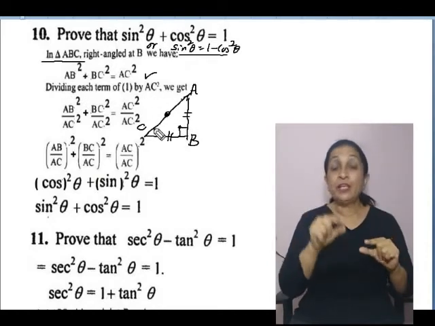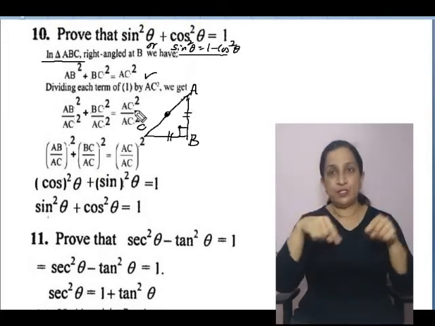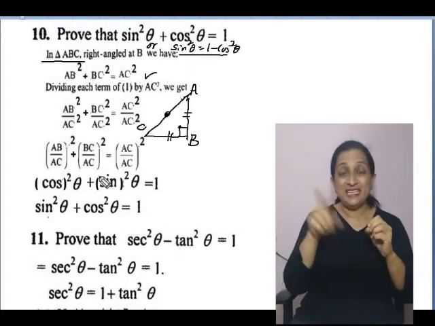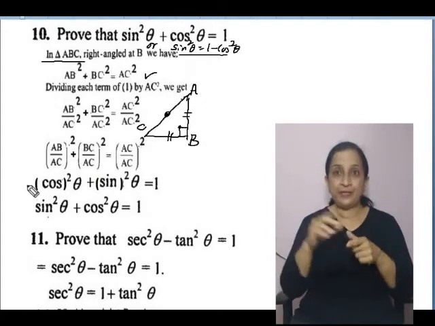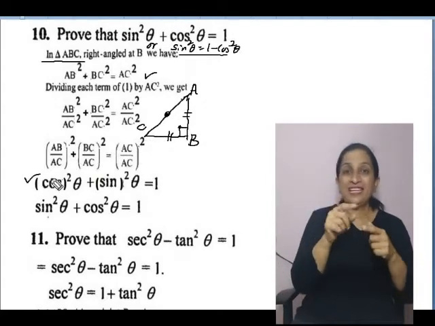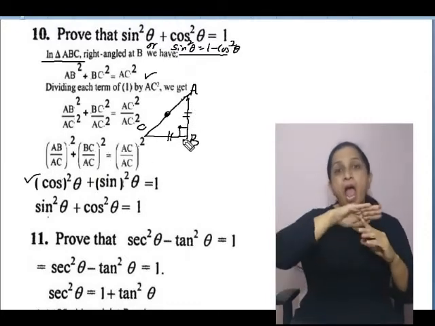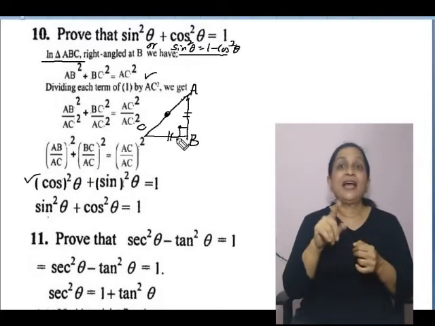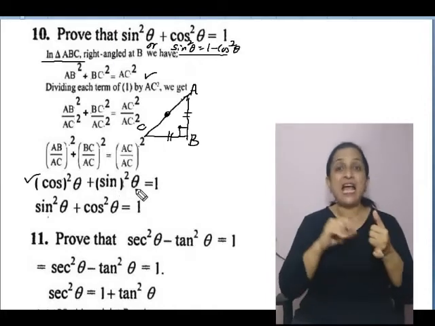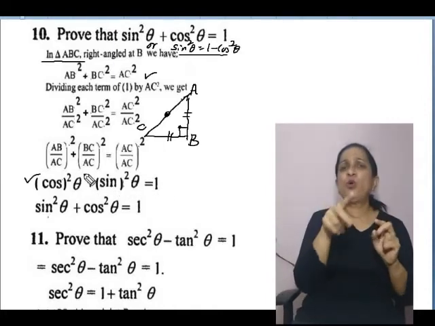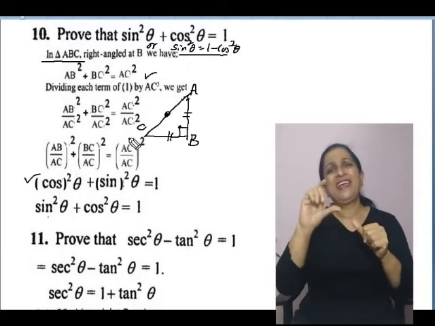Now dividing each term by AC squared, we get AB squared upon AC squared plus BC squared upon AC squared is equal to AC squared upon AC squared. Now AB by AC, this you must remember, is nothing but cos theta, adjacent side by hypotenuse, whereas BC by AC is sin theta, if this is theta.